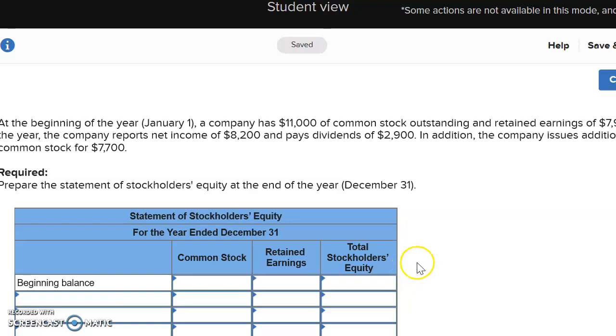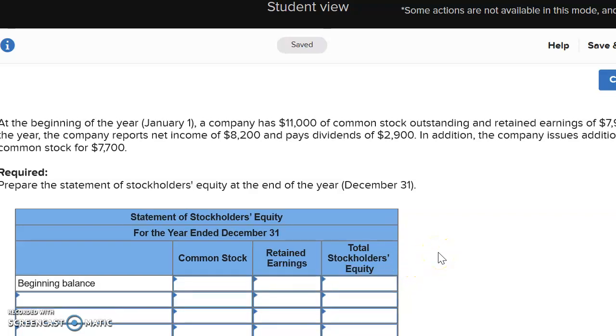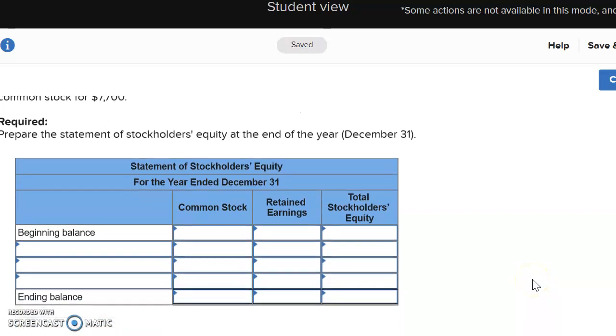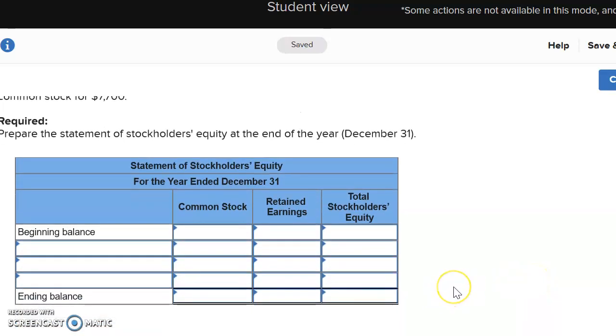Okay, this is the next one. You're going to be preparing a statement of stockholders' equity, and here's your information. It tells you the beginning of the year, common stock balance, retained earnings balance, tells you how much net income they report for the year, dividends, and how much additional stock is issued. And then you're going to prepare the statement of stockholders' equity.